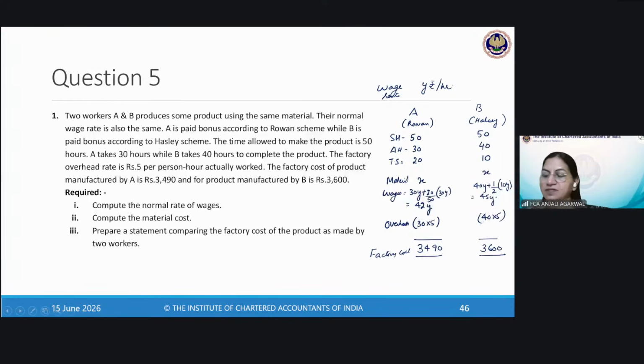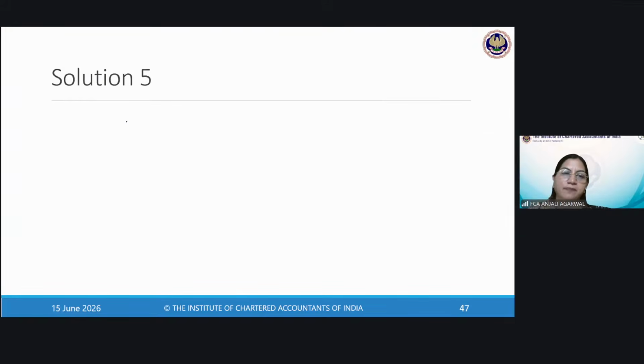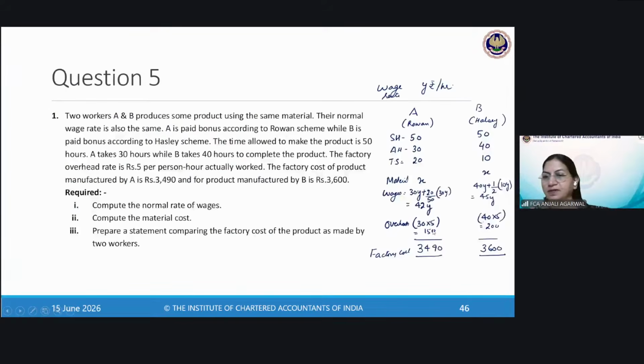This gives us an equation. Here the overheads are 150, here the overheads are 200. So we get an equation: X plus 42Y plus 150 for A. For B, X plus 45Y plus 200, and this is equal to 3600.